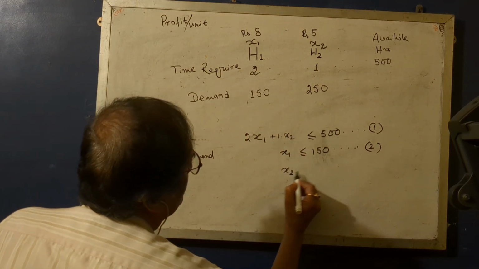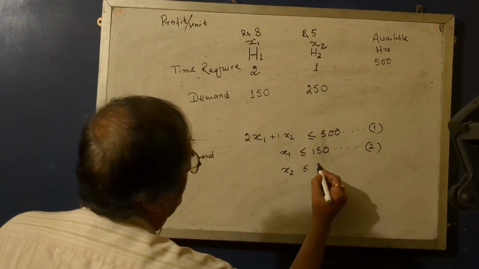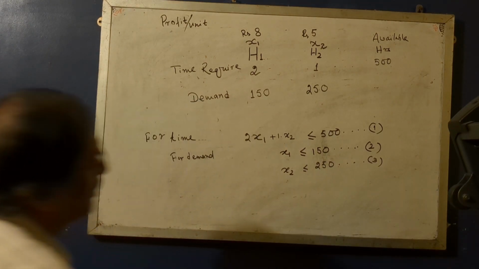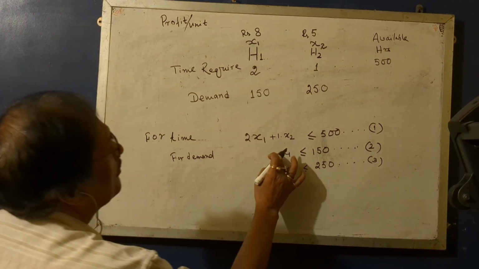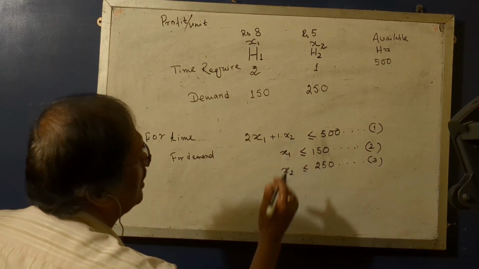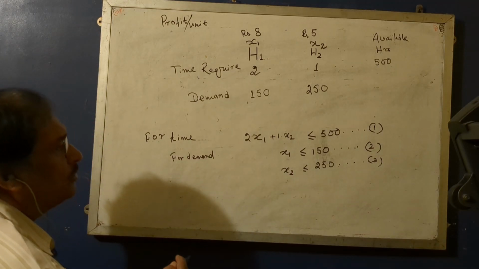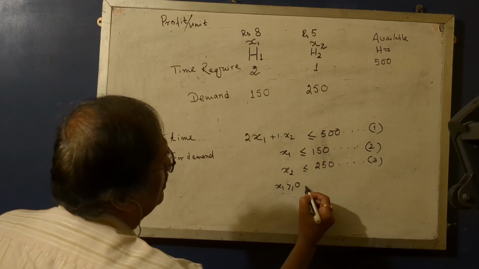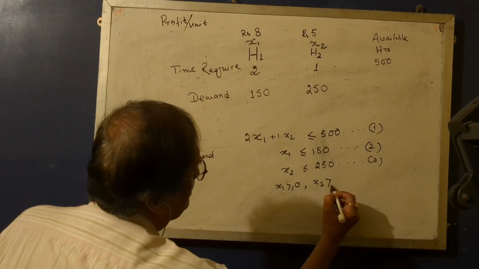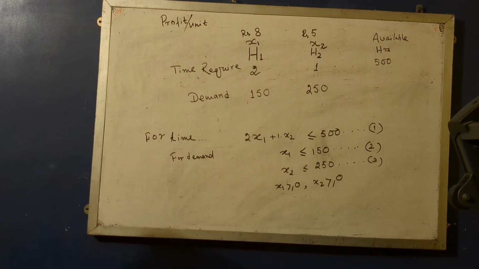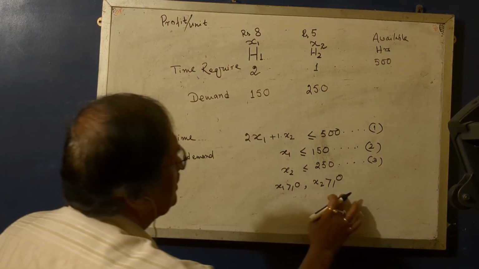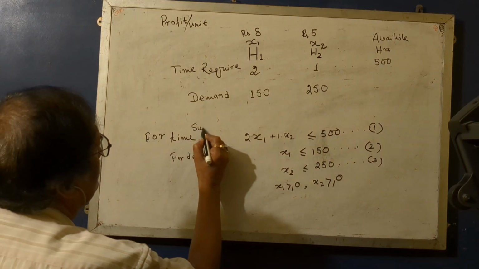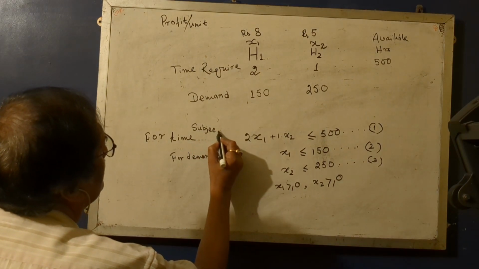That's why x2 must be less than or equal to 250. Okay. And the number of units of production cannot be negative. It may be either 0 or positive. That's why x1 is greater than or equal to 0 and x2, in a similar way, must be greater than or equal to 0. That is called the non-negativity constraint. So these are the constraints. That's why it will be subject to.